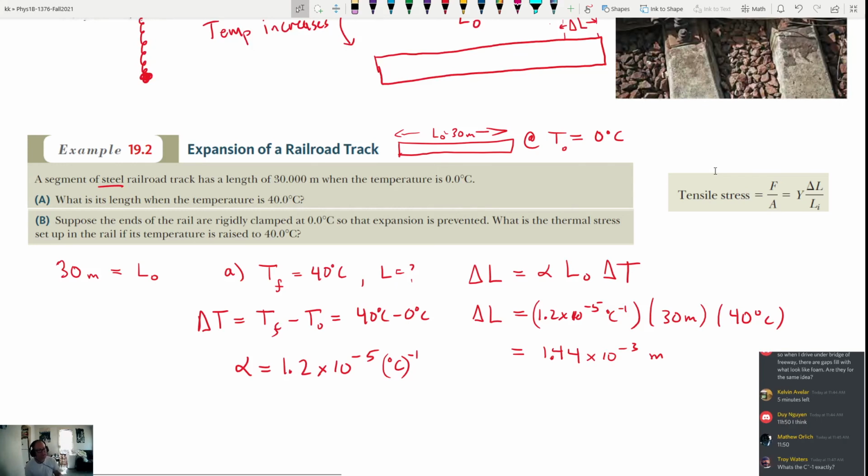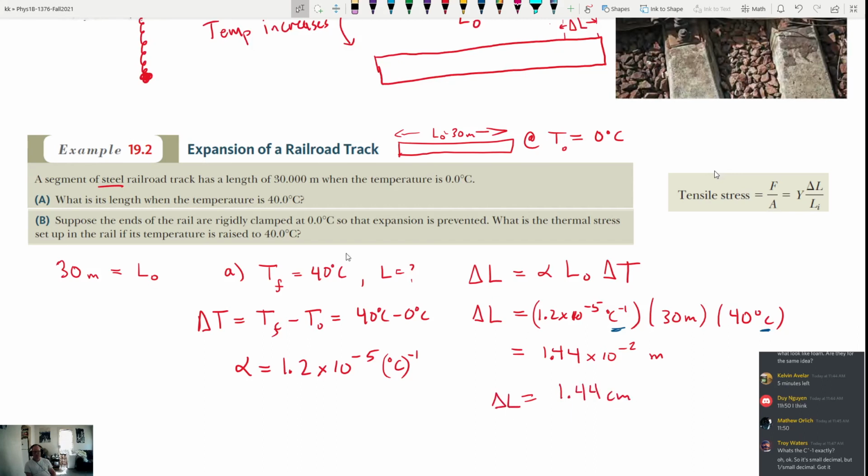I was off by, it's 10 to the negative 2. What is Celsius to the negative 1? That's the unit. Look at the units. They have to cancel out, right? Can you see that this degree Celsius cancels out with this degree Celsius here? It's degree Celsius to the negative 1. It's the unit on alpha. So I actually got 10 to the negative 2 here, which would be about 1.4 centimeters. Yeah, it is, right?